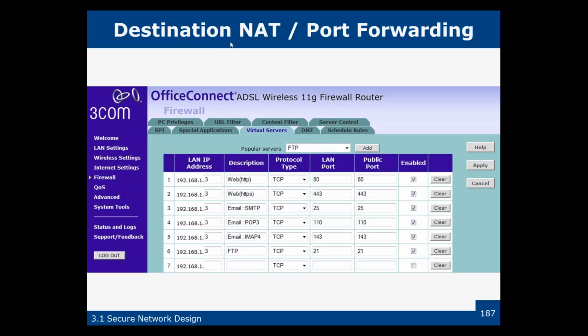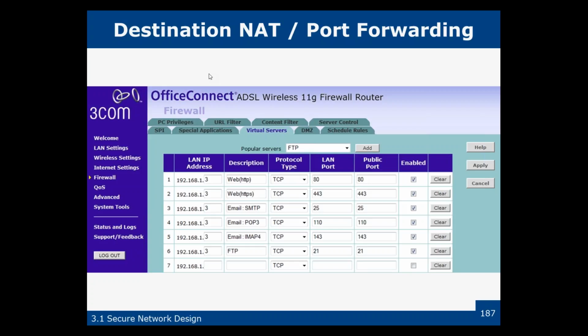This is a destination NAT and port forwarding. Destination NAT and port forwarding is what we would use on a home office, small office, home office router. You do have the ability to send particular ports to a particular private IP address. It's similar to NAT.